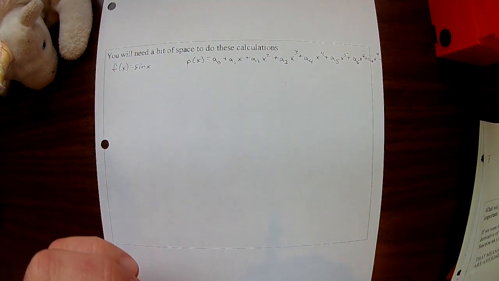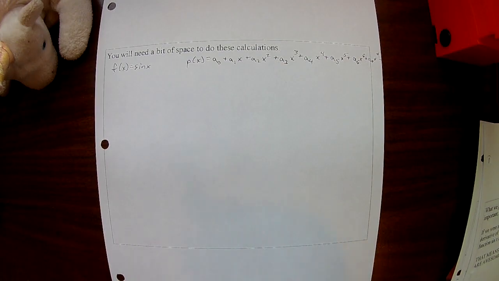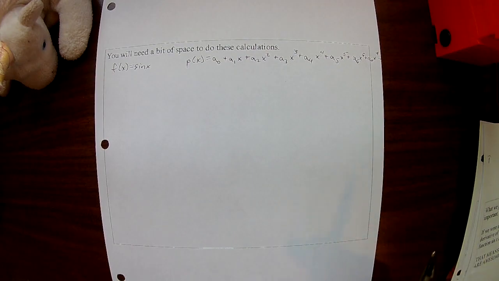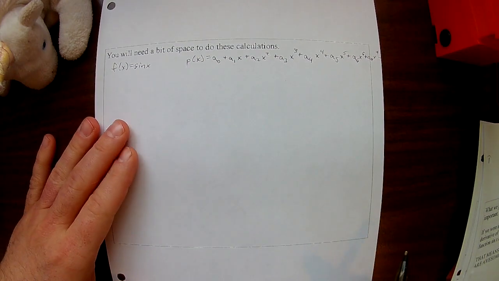Ideally, we would go on forever, but we don't have that much room on our paper to go forever. So I'm just going to go up to the 7th, and hopefully a pattern emerges. Hint, there's going to be a pattern that emerges.